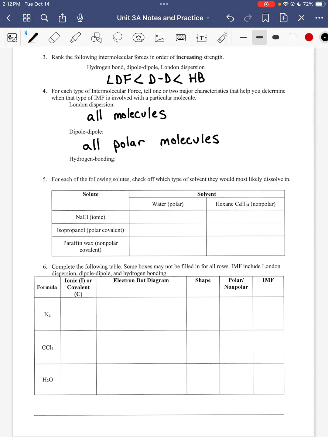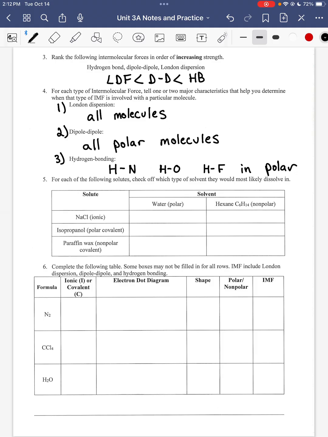And hydrogen bonding occurs when H is directly bonded to nitrogen, oxygen, or fluorine within a polar molecule. So that is the most rare. Everything has the first. Some things have both 1 and 2. And even fewer things have 1, 2, and 3.